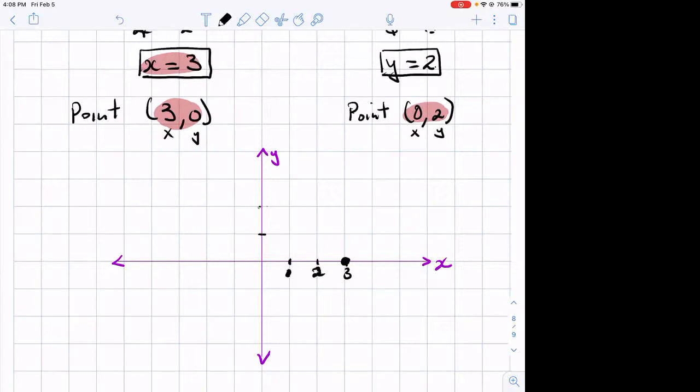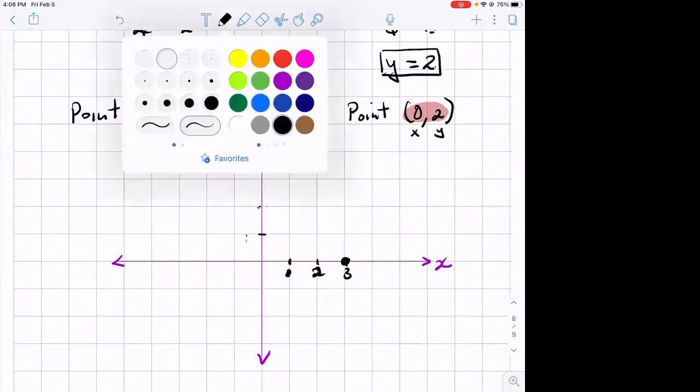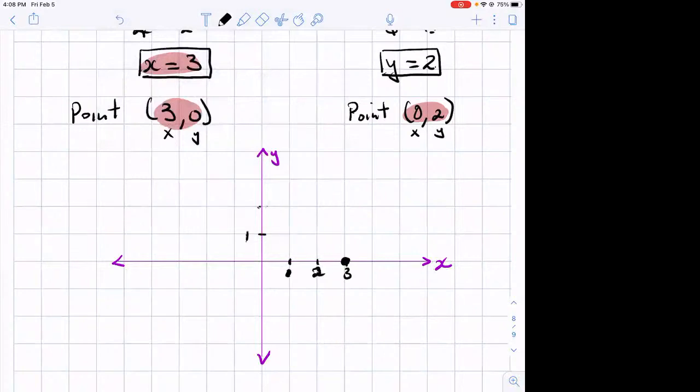Remember, for the next point, this is x and that's y. Always good to put some numbers on. X is 0, which is here, but y is 2. That's my point.